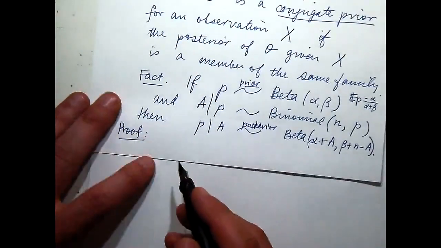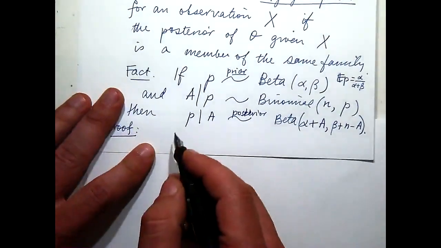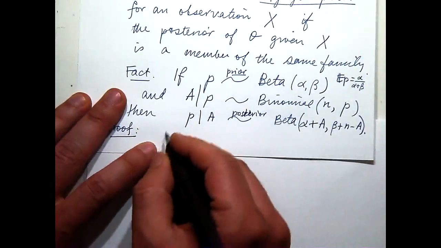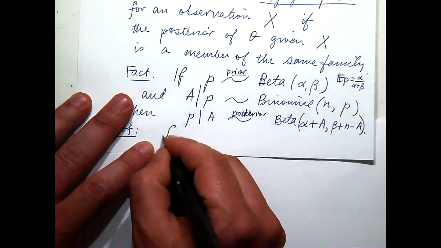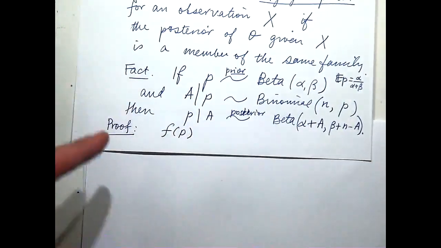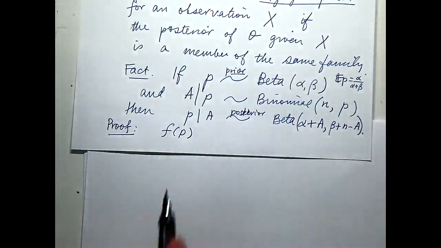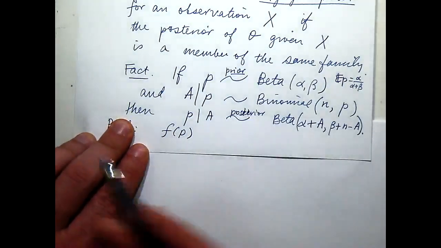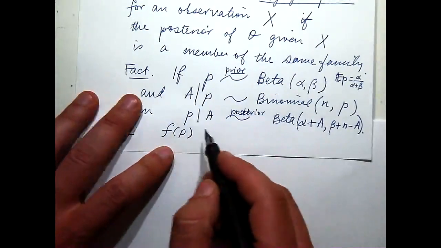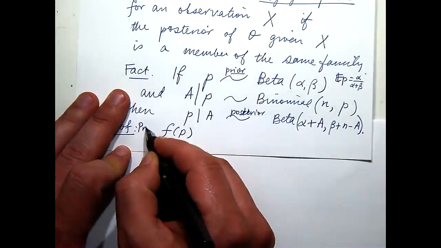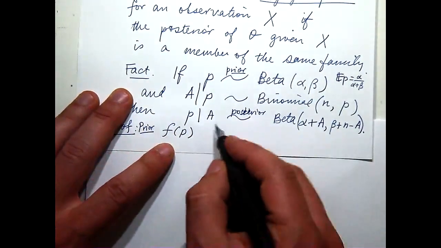So I like to use this proportional to symbol to do that. So f of p. Now, you'll notice I'm also omitting the subscripts on density functions just to save a lot of writing. So the prior density is, of course, f of p.